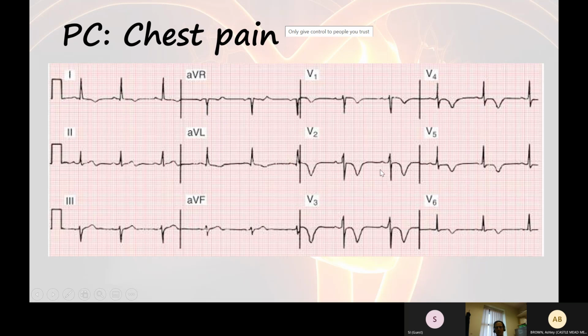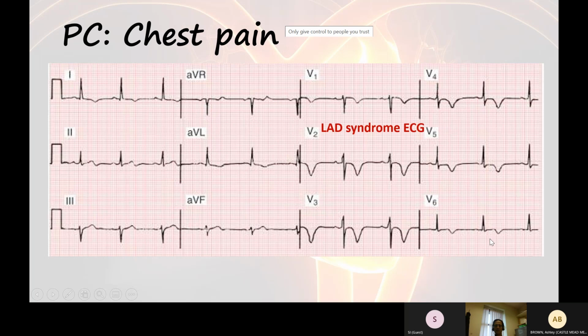And this is the sort of T-wave inversion that can often appear 24 hours after the patient has chest pain. So if they've had pain in the last 5 minutes, you will not see this ECG. But if they had pain 24 hours ago and you're not sure if that's ischemic or not, often these ECG changes develop. And this is an LAD syndrome ECG.